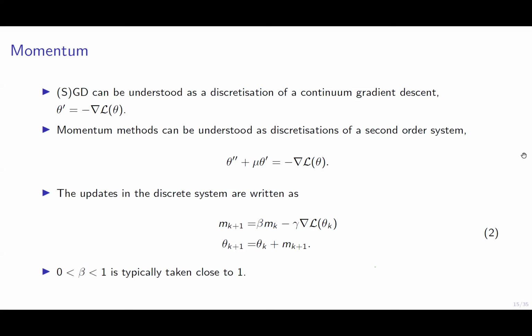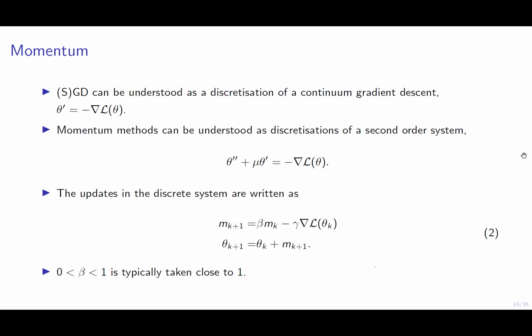The idea of momentum methods is that we consider a kind of approximation of a second order system. So we have some other parameter mu, which appears here. The way these tend to be implemented, this m is our momentum vector, which is going to be the same size and shape as the thing that we want to minimize.